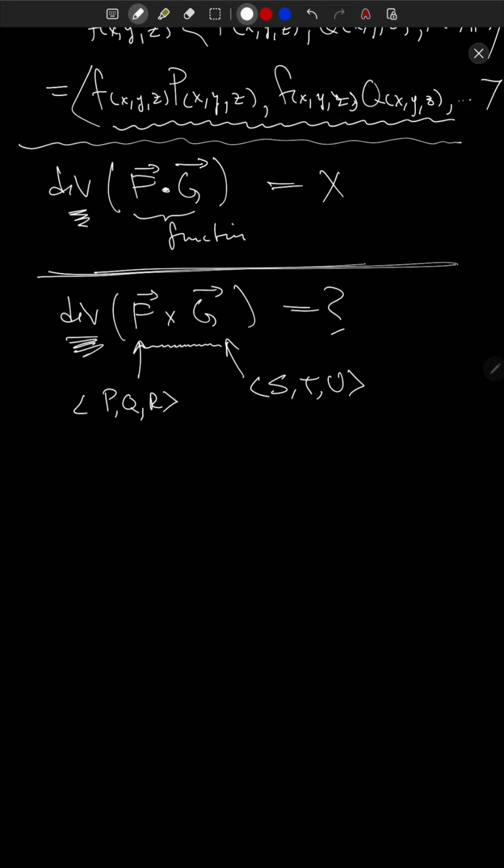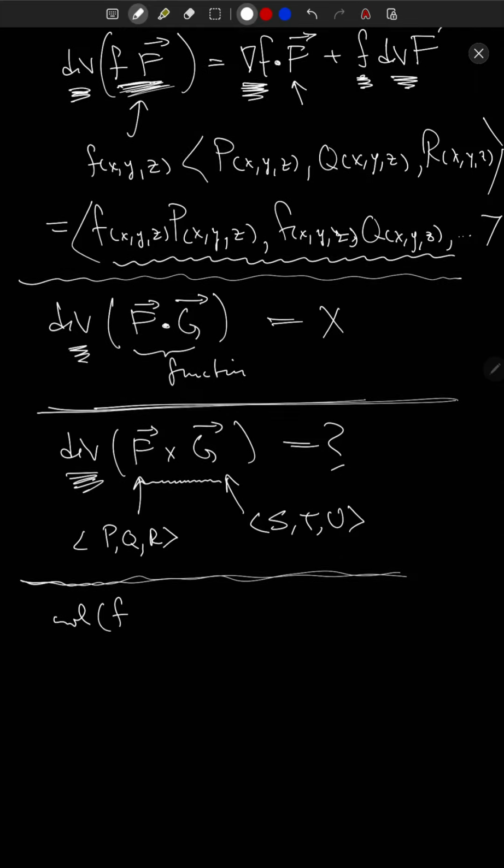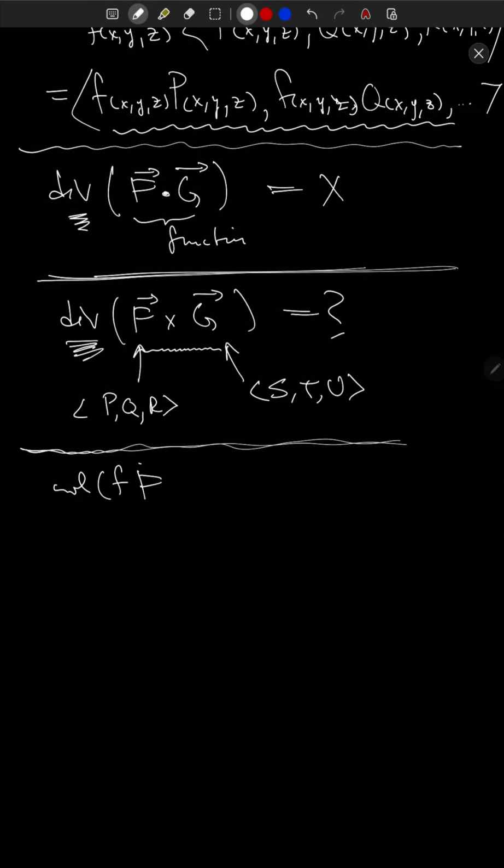All right. So roughly, there are a few ways to do the product rule, and essentially they all work. And what I mean by essentially is, of course, you have to think of it in the right way. So, for example, curl of f times my vector field, a function times my vector field.